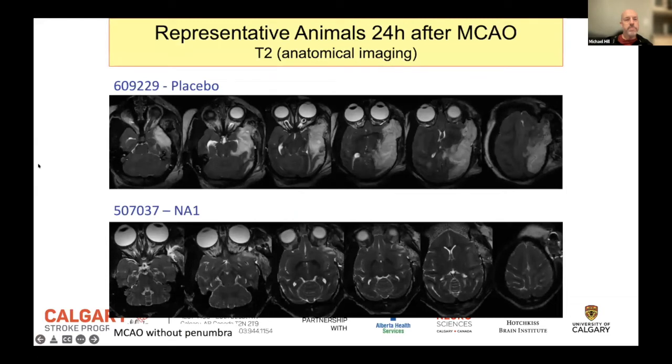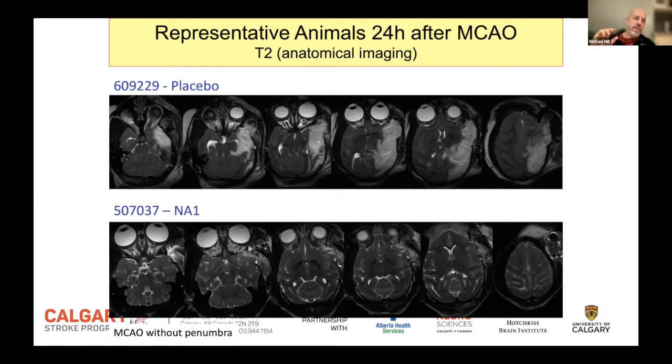I don't know. I guess the principal model that we worked on in primates was this one. So these are MRs of cynomolgus macaques. And in this model, the monkeys had surgical stroke.